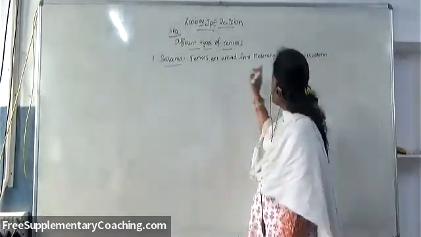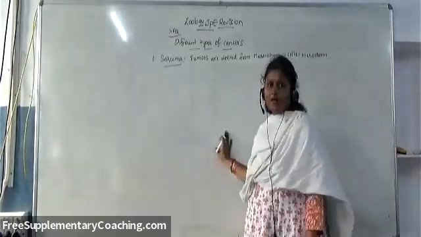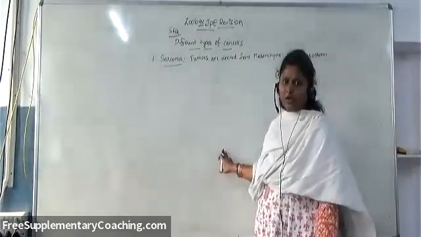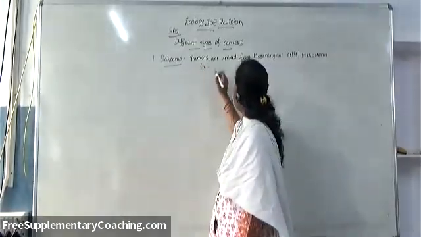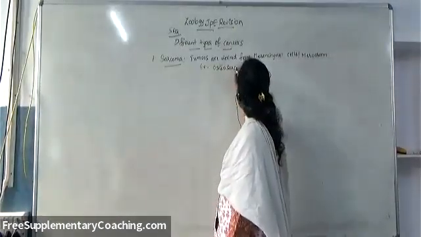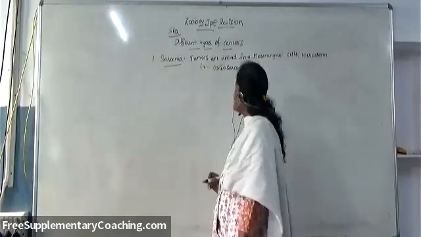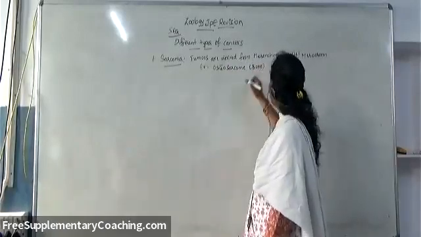So sarcomas are tumors derived from mesenchymal cells or mesoderm. So they are called what? Sarcoma. And an example for that is osteosarcoma. Osteosarcoma is the one that is related to bone.